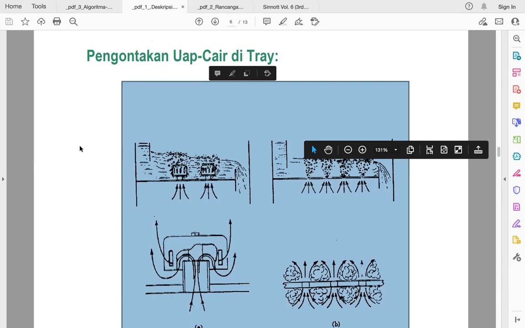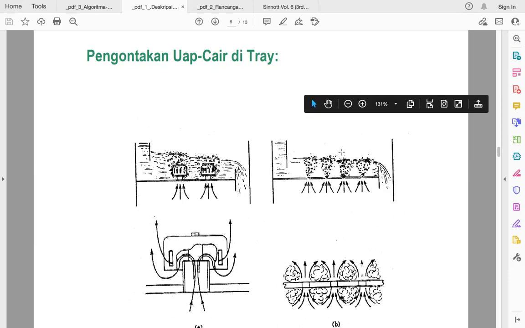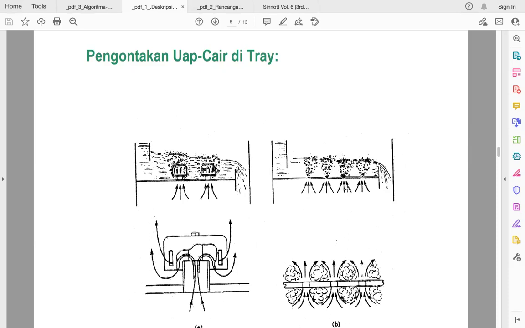So if you think here, the bubbles, which have the composition of the vapor here, will have quite some time to have contact with the liquid. So hopefully the contact becomes much better, and the equilibrium happens, and also the new vapor will leave with the new composition.